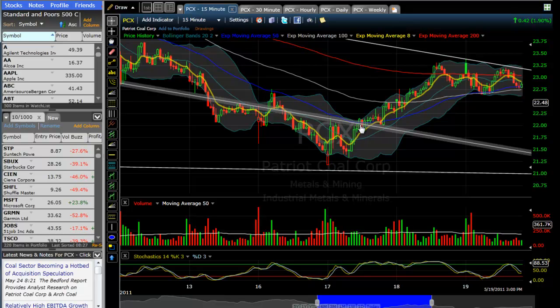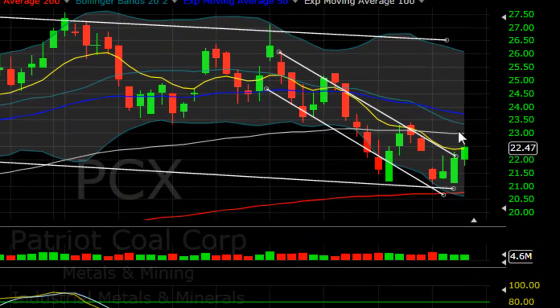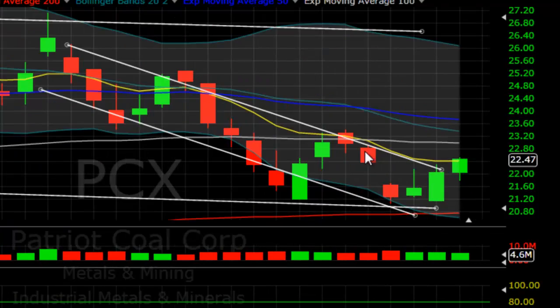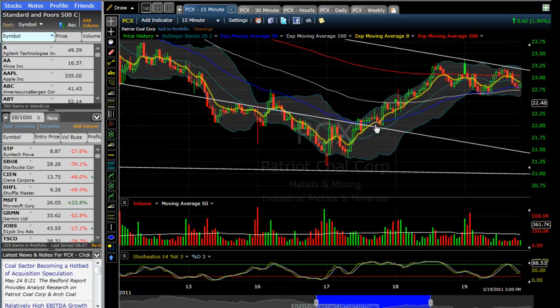When it traded above the 8 EMA, we added, continued to watch this trade, and held it into the following day as a swing because we were looking at 23, which was the 100 EMA at the time, as our target. We got that signal the following day where we traded up to the 100 EMA, and this is where we moved up and we backed off of that point.